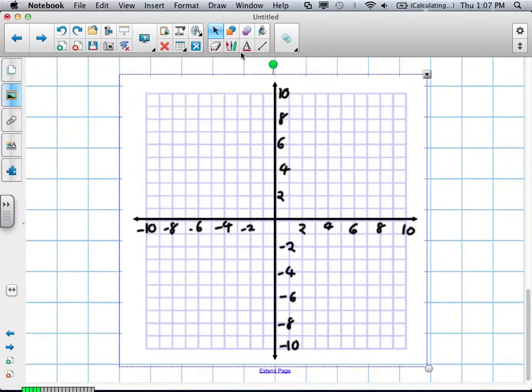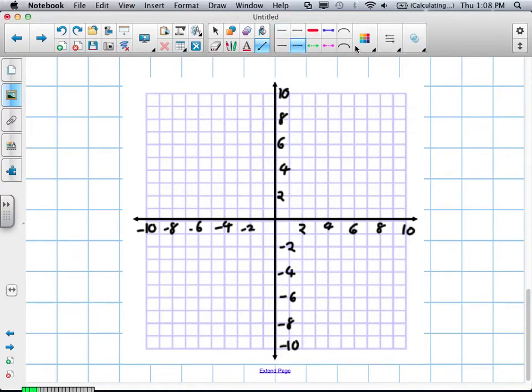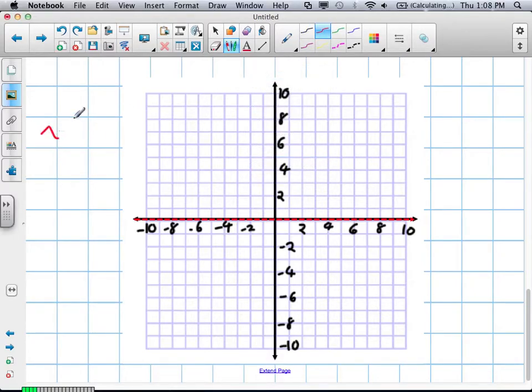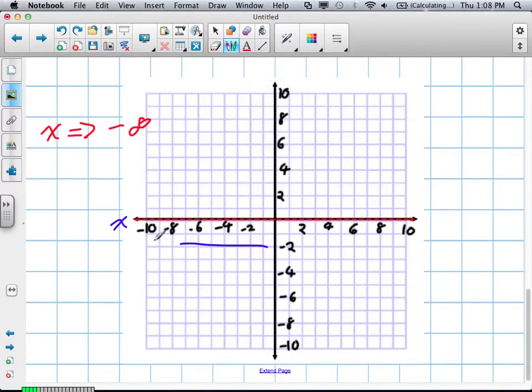So we have a horizontal asymptote, an imaginary line going through 0. Let me do it in red. So this is our horizontal asymptote. Now they asked as x tends towards negative infinity. What they mean by this is as x is heading in the direction of negative infinity. Well, in that case, that would be when our x value is headed this way.